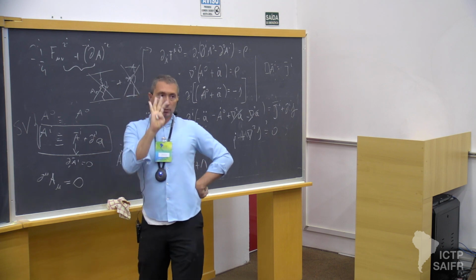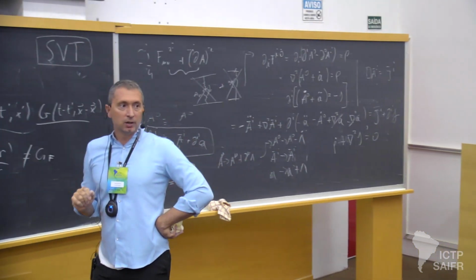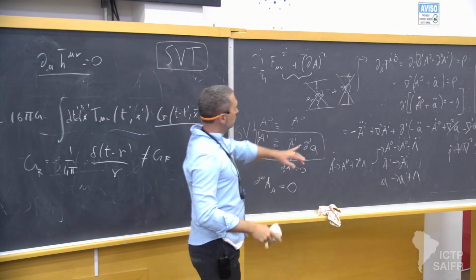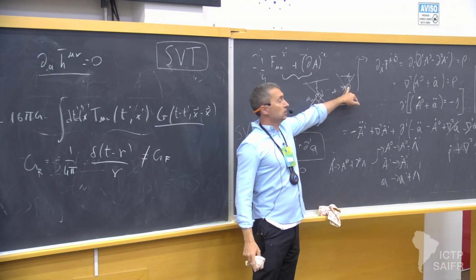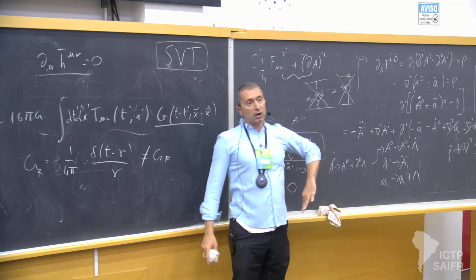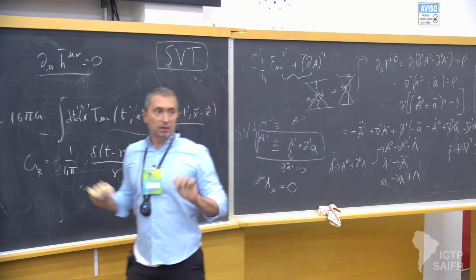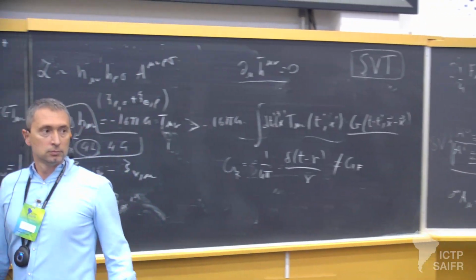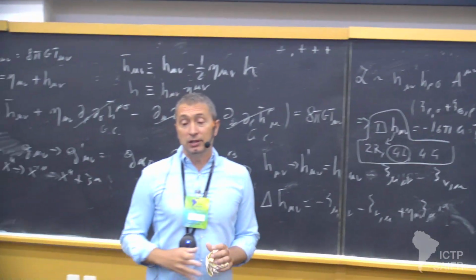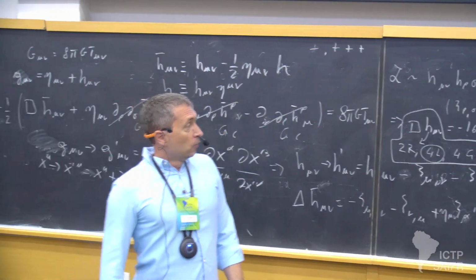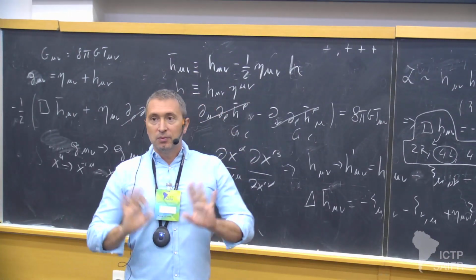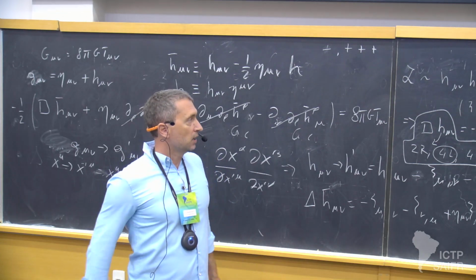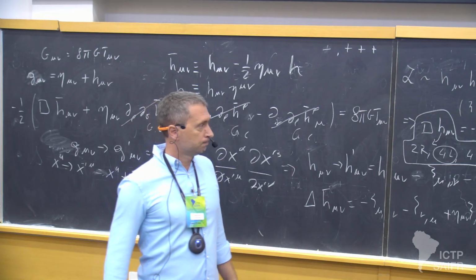Almost never, actually. Sometimes you have to check. But you don't have to worry about ghosts because ghosts don't couple to matter. Ghosts only appear in loops, and loops by definition are quantum, and I don't do quantum physics. I'm a classical guy. Thank you. All that I do here when I introduce H bar will be just for fun. H bar can go to infinity for me, absolutely, and nothing will change.